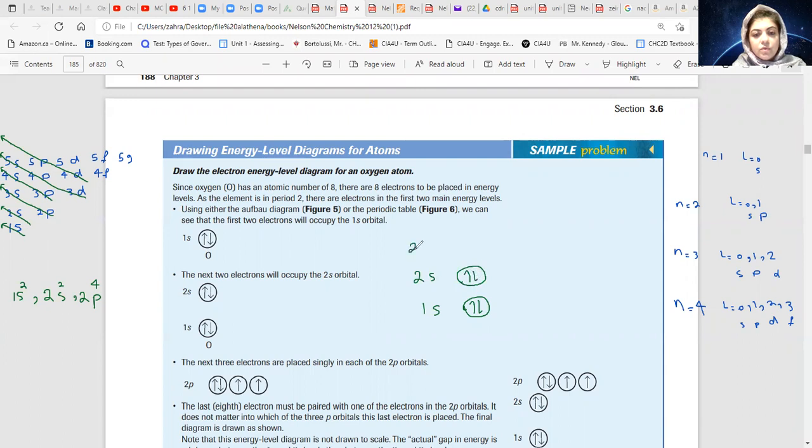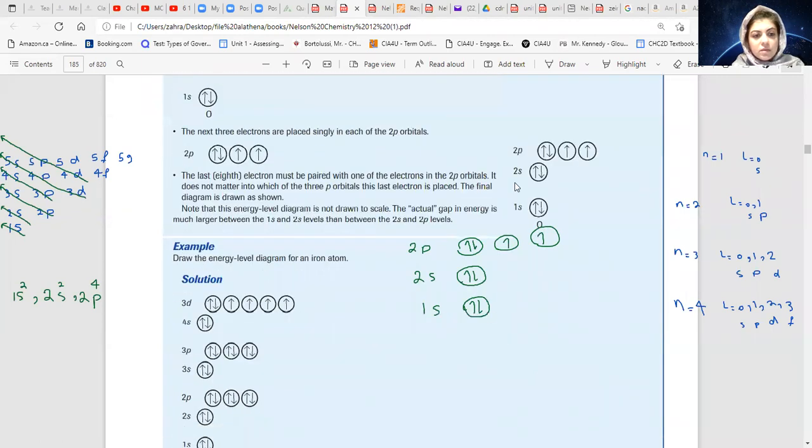And then I go to the 2p. For p, we have 3 circles, 1, 2, 3. When you want to fill that, make sure you first put them as unpaired, 1, 2, 3. And the fourth one will be paired with this, according to the Pauli exclusion principle. This will be the energy level diagram for oxygen.